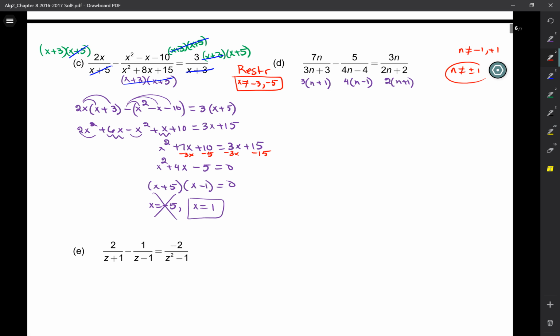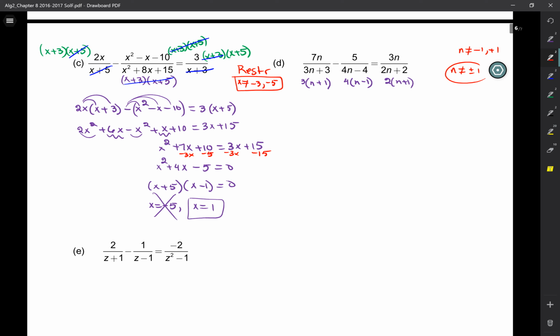Because take a look at each of the parentheses. In this one, if n was -1, n + 1 would make it 0. The official way is you take each parenthesis, set it equal to 0, and solve for n. So n + 1 = 0, n = -1. I should have mentioned that before. Sorry.